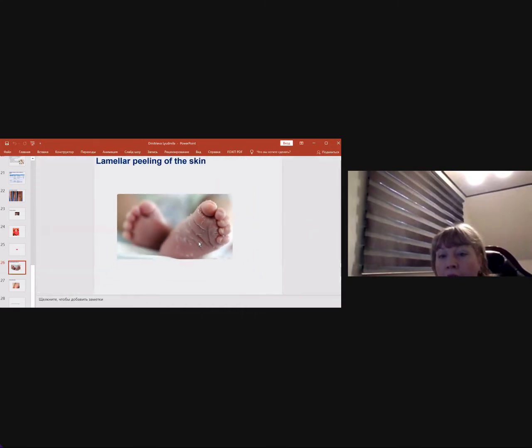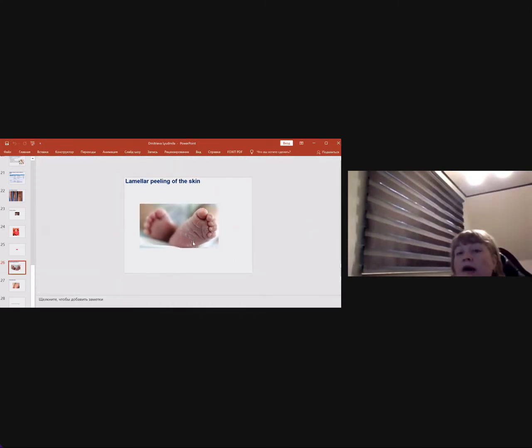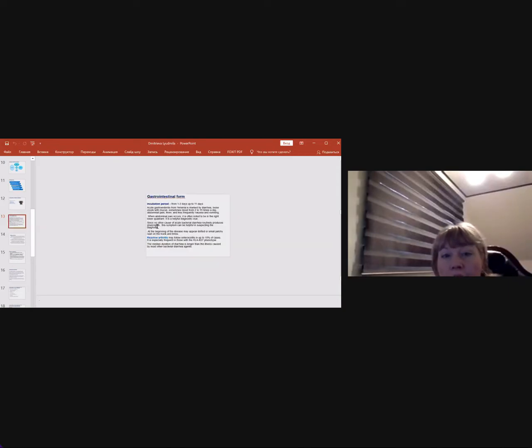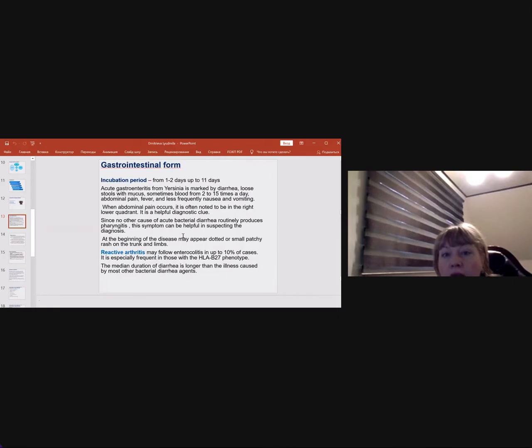Specific tongue, skin desquamation, and skin desquamation may be in the patients with the gastrointestinal form of yersiniosis, abdominal form of yersiniosis, generalized form of yersiniosis, and this symptom is also very important for correct clinical diagnosis. And doctors, now you know about the gastrointestinal form of yersiniosis.